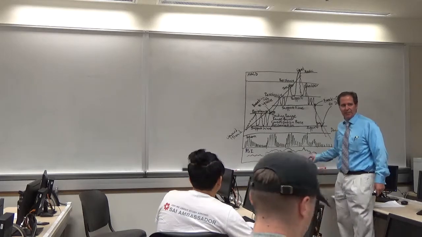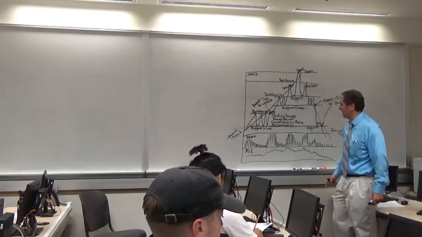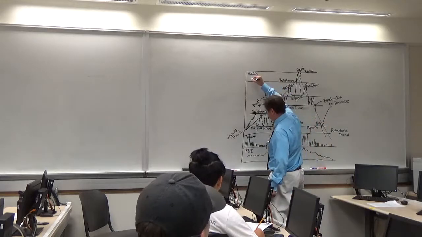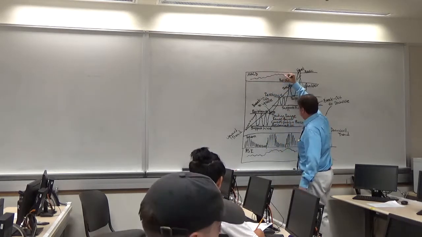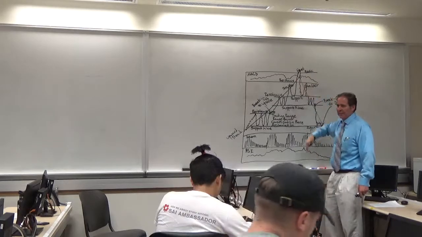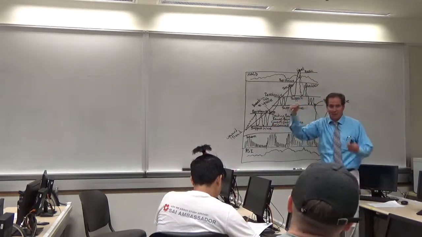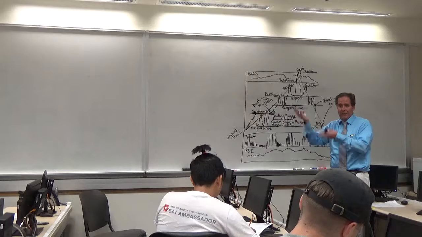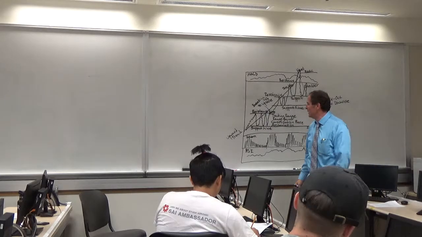So this is a trading indicator, the RSI. And the RSI and the MACD kind of do the same thing. But if the RSI and the MACD are trending down, then the stock price is probably going to go down. If it's trending up, it's probably going to go up.